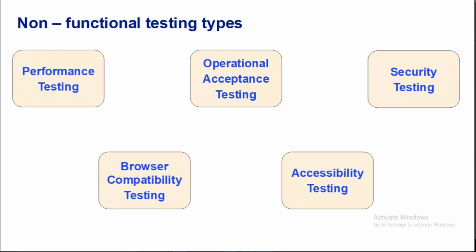I'll take a pause here. Any queries, guys? Browser compatibility is also part of functional testing, right? No, in browser compatibility testing you are not verifying the functionality. Rather, you are verifying the UI elements, right? In browser compatibility, you are just checking whether your application UI, the GUI, is compatible with different browsers.